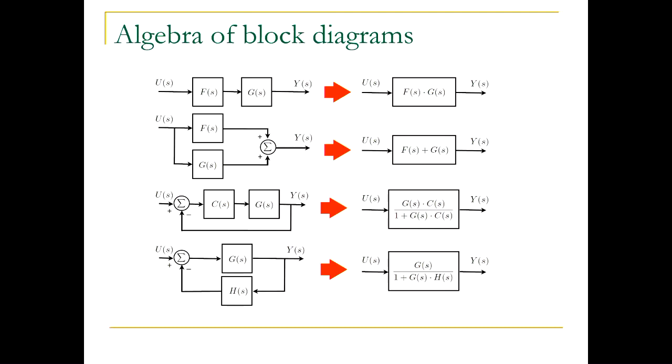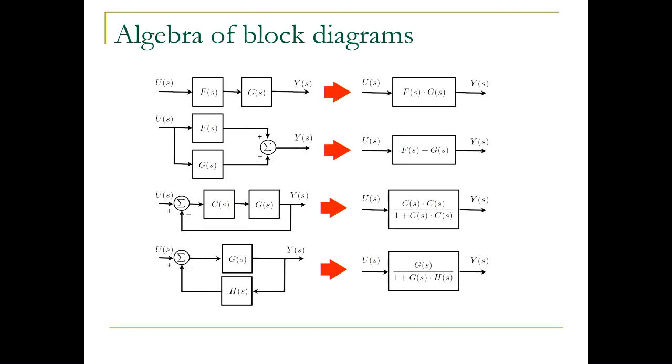So let's first look at the series connection. By the way, the first row is a series connection of two subsystems. The second row is a parallel connection of two subsystems. Then the last two rows correspond to two different feedback systems, right? What's important in feedback is the following.